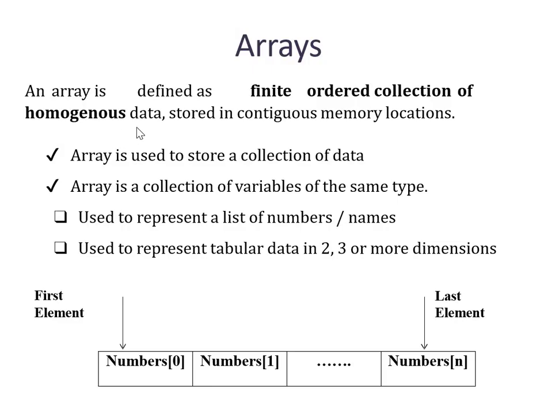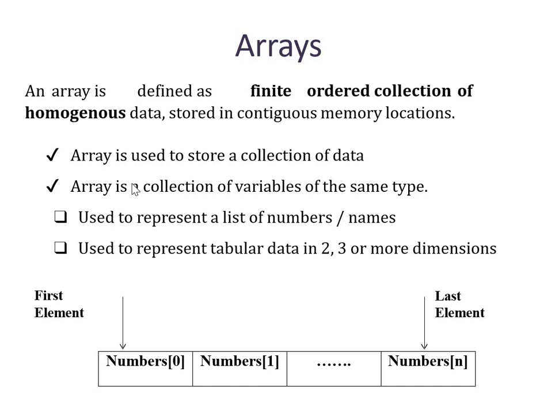Homogeneous here means the data all belongs to a similar data type. And arrays will have a contiguous memory allocation. So an array can have finite elements which are ordered and belong to the same data type, which are stored in a contiguous memory location.